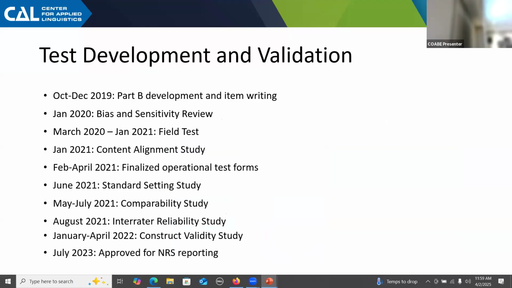The process started a long time ago in 2019, really before that, with the planning and preparation. And there were several steps along the way with collecting data, making sure that the test functions as it should, involving adult educators and LEP students all along the way for field testing and construct validation studies.